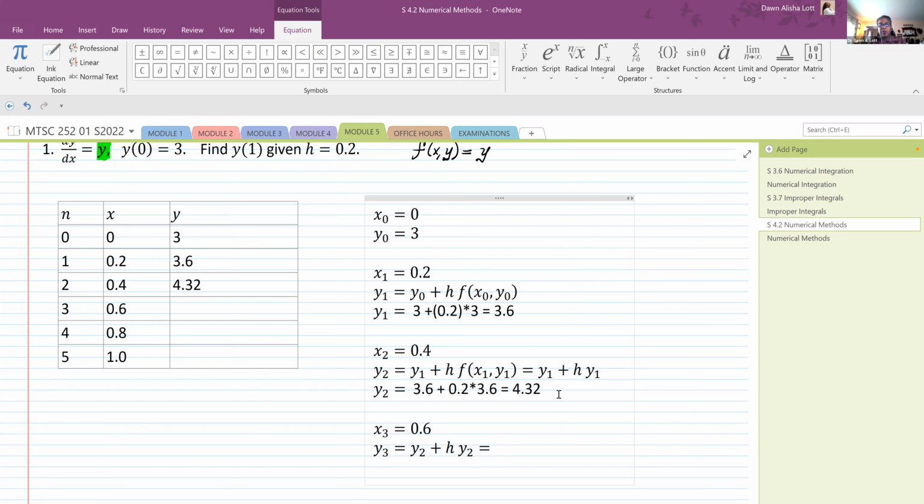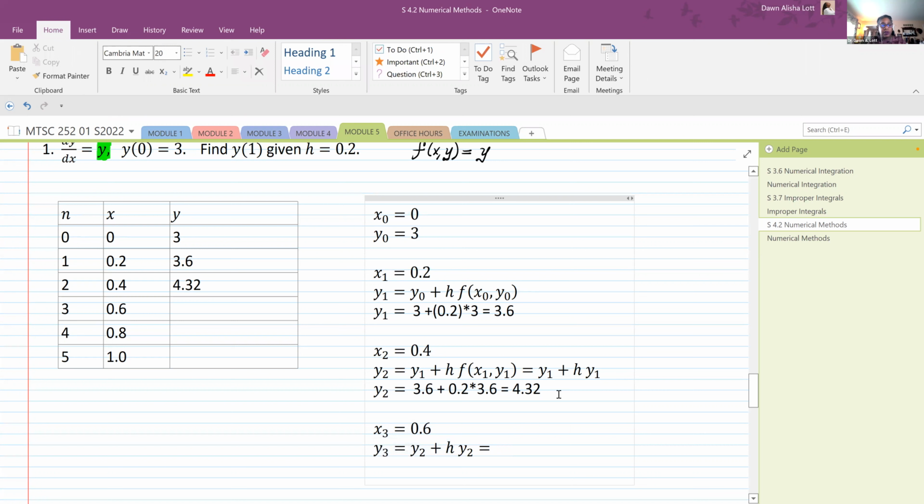So that's going to be y2 is 4.32 plus 0.2 times 4.32. So that's 5.184. Okay, so now we know y3.